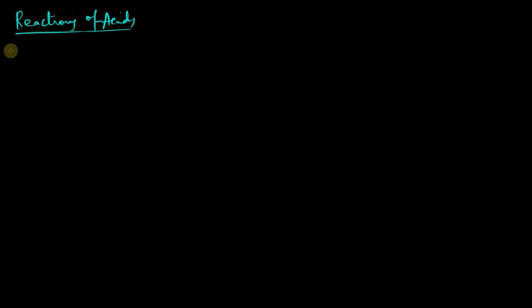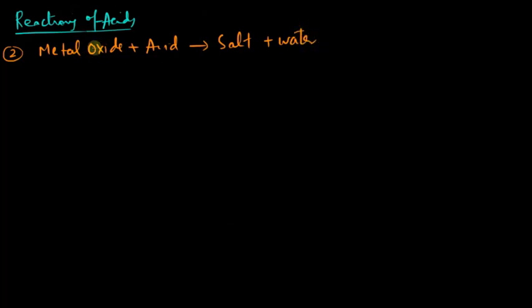So the number 2 reaction of acids is with metal oxide. Metal oxide plus acid will give you a salt plus water. Metal oxides act as bases. For example, we have a metal oxide, magnesium oxide.